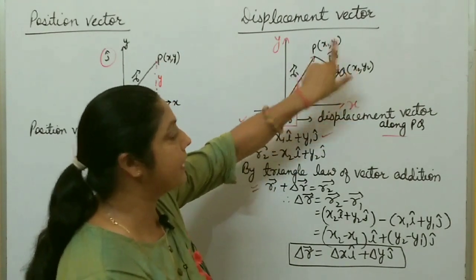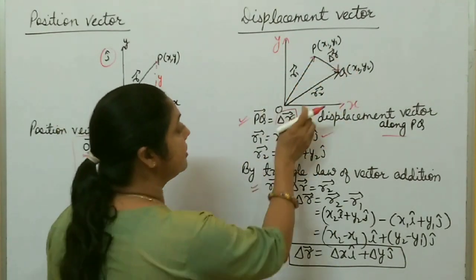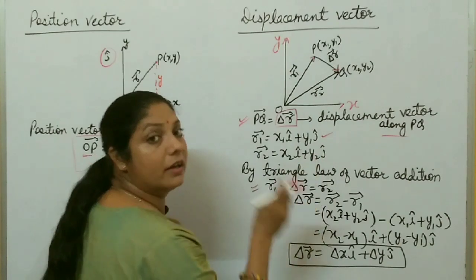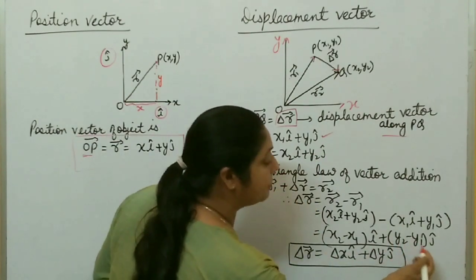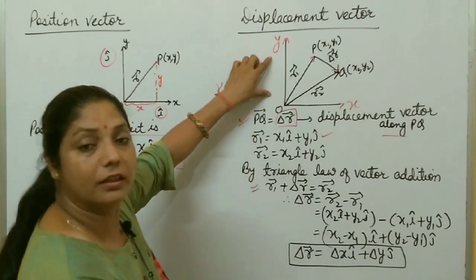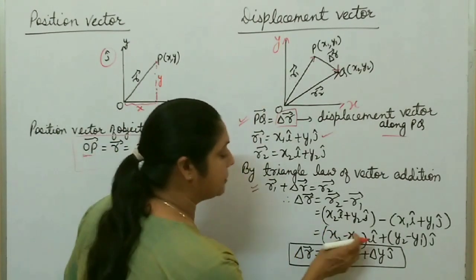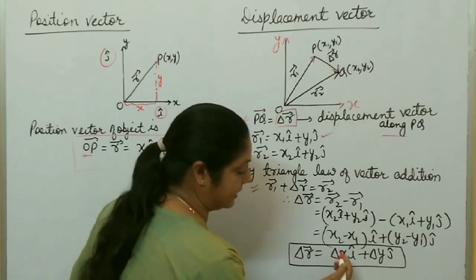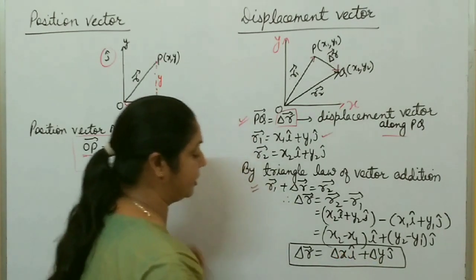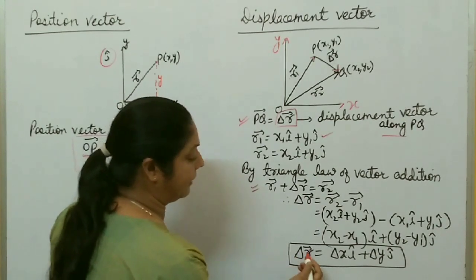So x2 minus x1 is the change in distance along the x-axis, and y2 minus y1 is the change along the y-axis. So let x2 minus x1 be delta x, representing the change along the x-axis, i plus delta y j. So this is the displacement vector.